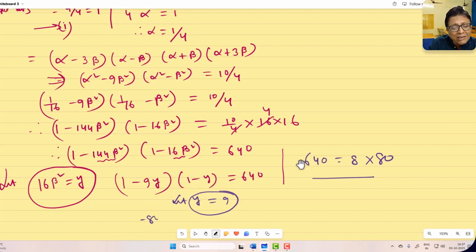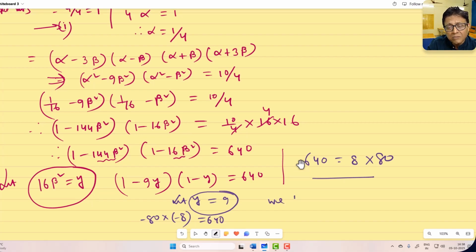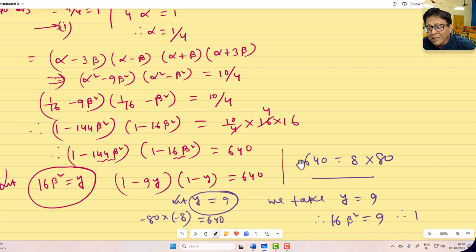This is minus 80 and this is minus 8. So let us do it from there. Therefore, we take y equal to 9. 16 beta square is 9.